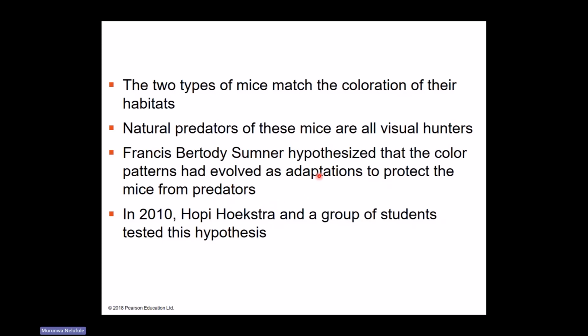Now check, he's not just making a hypothesis from the sky, he's hypothesizing about that. So in 2010, Hopi Hoekstra and a group of students tested this hypothesis. So he is the one who made the hypothesis. Your hypothesis can be, and must be able to be, tested by another group of people.